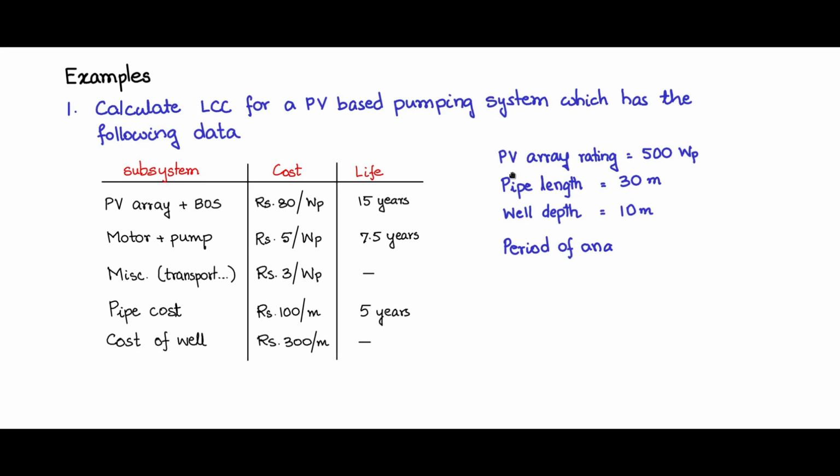The period of interest, the period for which the analysis has to be performed, is 15 years, meaning 15 years lifespan of the entire PV based pumping system. Let us take interest as 10%. 10% is on the higher side, but it doesn't matter, it is easy for calculation. Annual maintenance charges, the AMC, for the entire system is rupees 1000 every year for the total 15 years lifespan of the system.